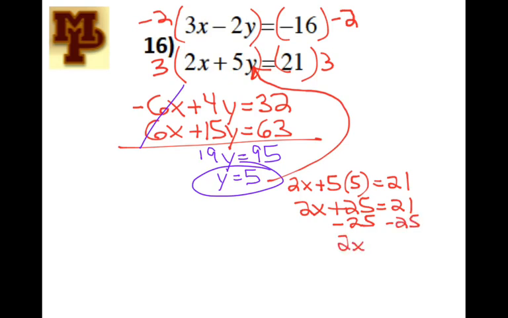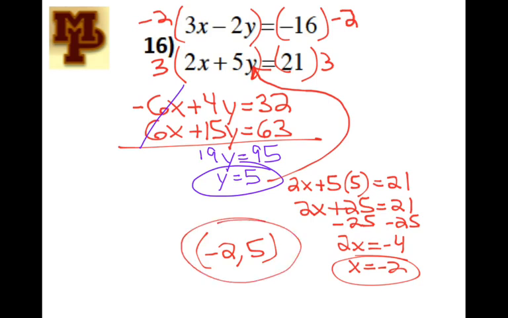So that's 2x equals negative 4, so x equals negative 2. So put the two together, so that's going to be negative 2 comma 5.